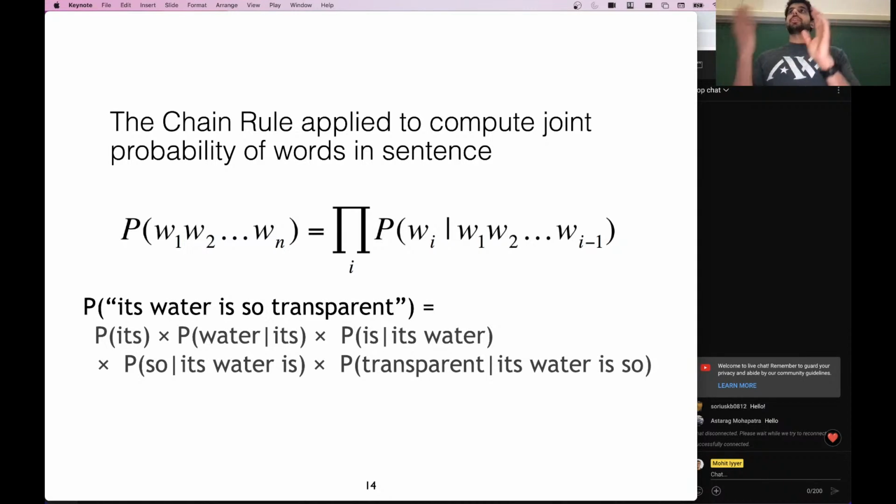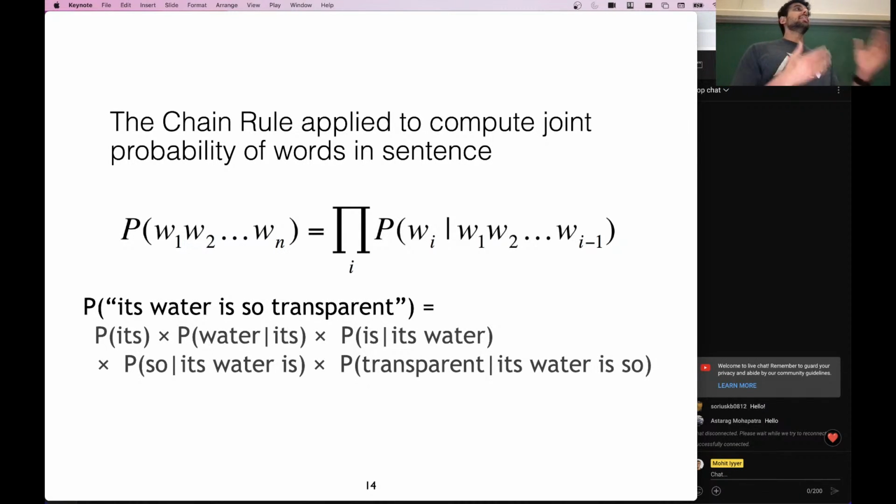And so I can just normalize that count by the total number of times that "its" has occurred, and I have this probability, right? So these things that we just did assume we have access to some giant collection, or corpus, of text, and we are able to count up the frequency of different words and different phrases in that corpus. And what we're actually doing is forming the maximum likelihood estimate of these various probabilities, right? Because we have a data set and we are looking to estimate these probabilities that maximize the probability of the data that we are given.